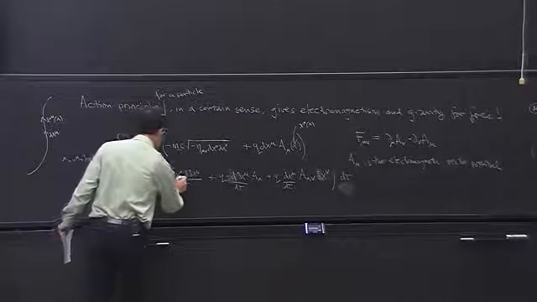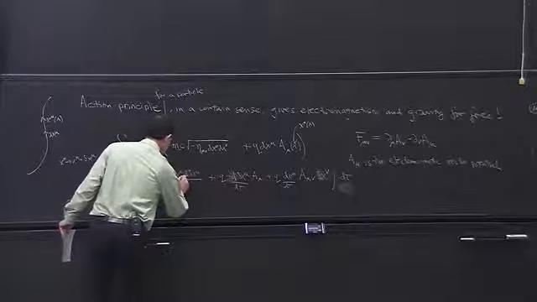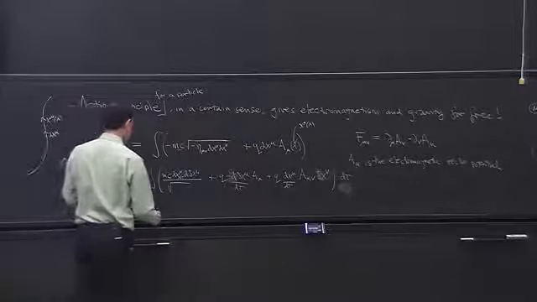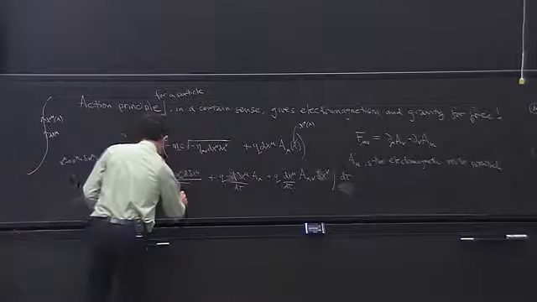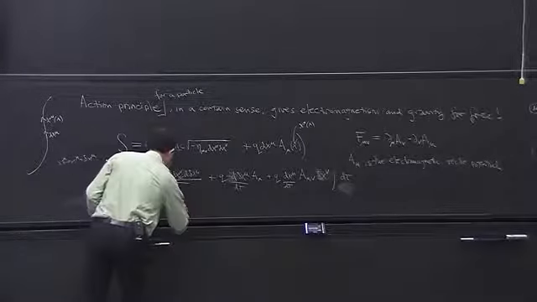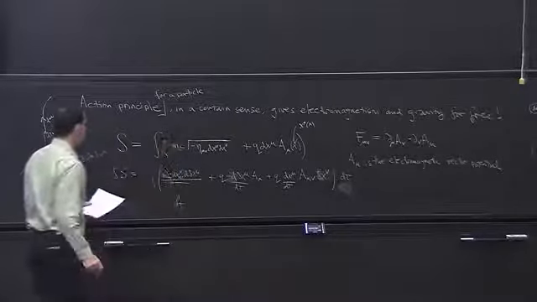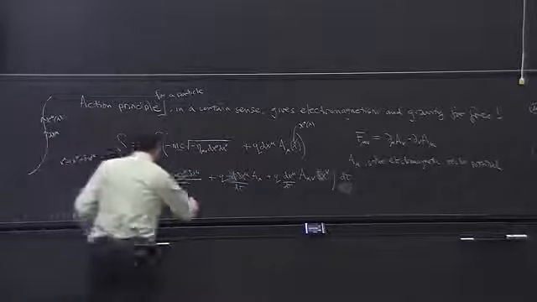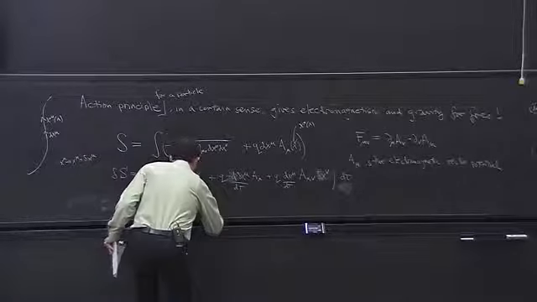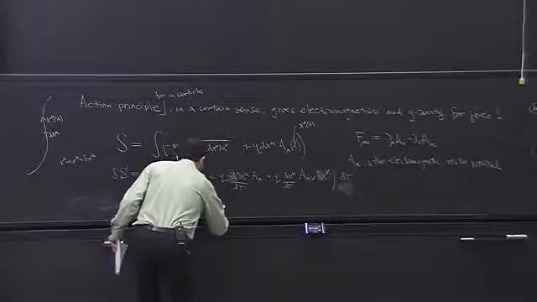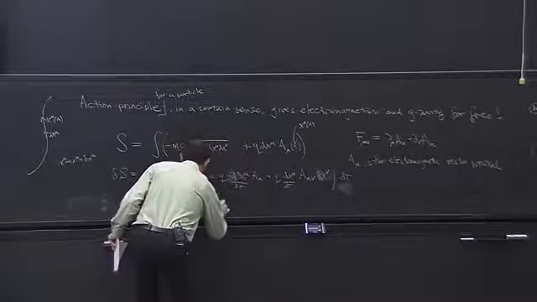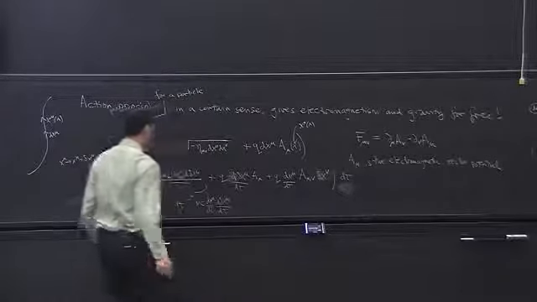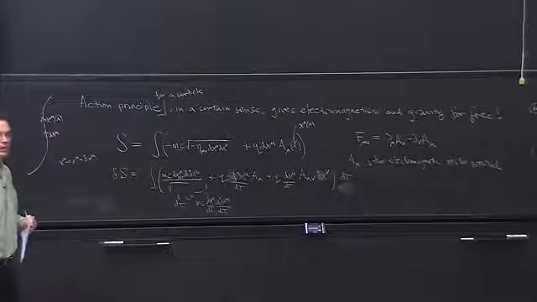And in this expression, I've got dx^μ over d tau over there. And of course, this square root is d tau. Okay, so this whole term here is mc dx^μ/d tau times d delta x_μ/d tau. Right?